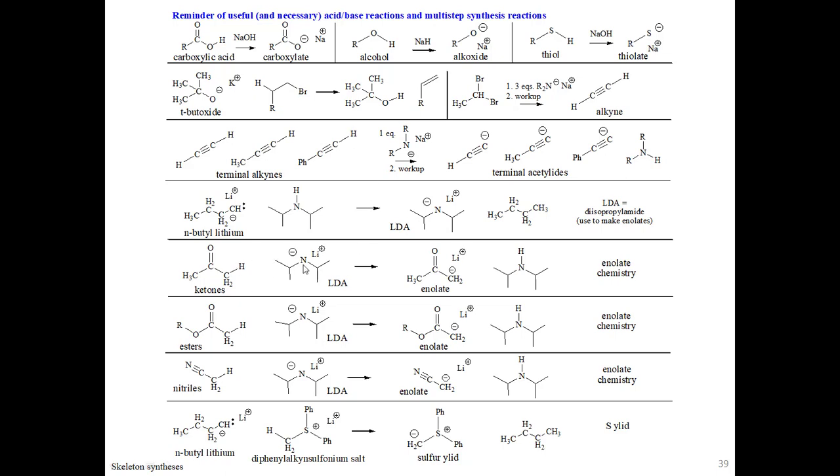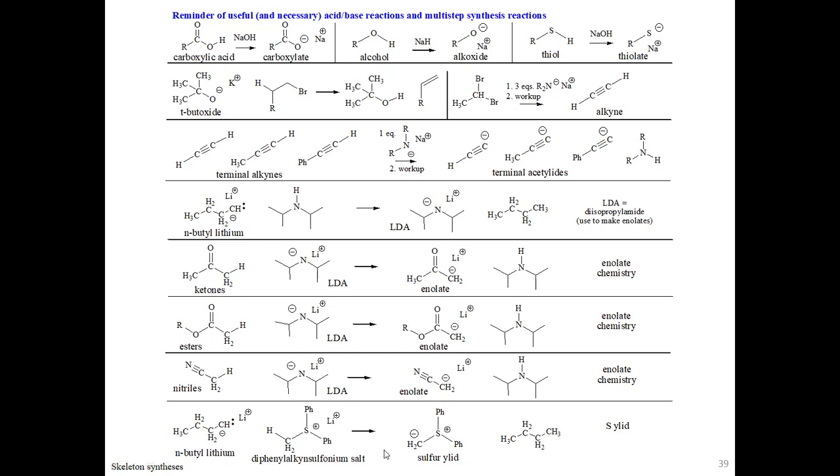Okay, and so we have ketone enolates, we have ester enolates, and we have nitrile enolates. And all of those make a nucleophilic carbon adjacent to the carbon heteroatom pi bond, because that stabilizes the minus charge. Okay, esters and ketones look pretty much the same. And then the nitrile, of course, the triple bond, can stabilize the minus charge too.